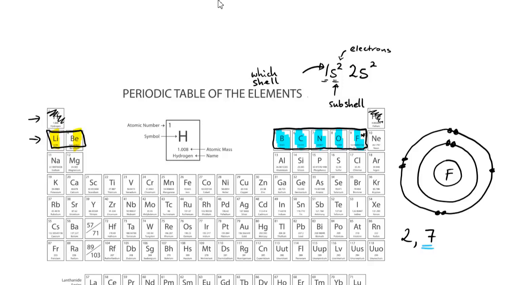So that's called the second p subshell. Actually that's 5, sorry. I was thinking it doesn't add up to 7. It's too early in the morning, I can't count. So we have the 5 electrons in the p shell, so 1, 2, 3, 4, 5.